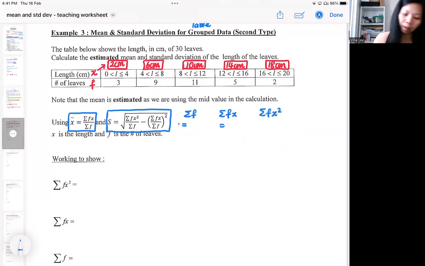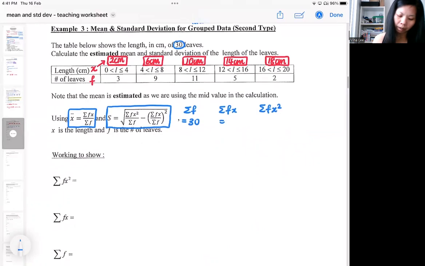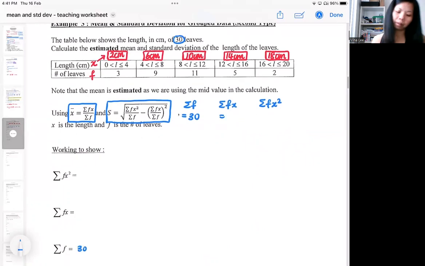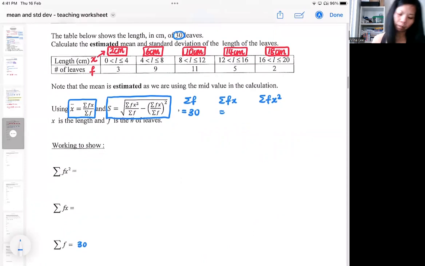So currently I know my sum of f, 30 leaf. I don't know my sum of fx yet. Okay. So if I want the sum of fx squared, I got to square all the x first. Okay, if you're worried you forget, you square it first, then you multiply.